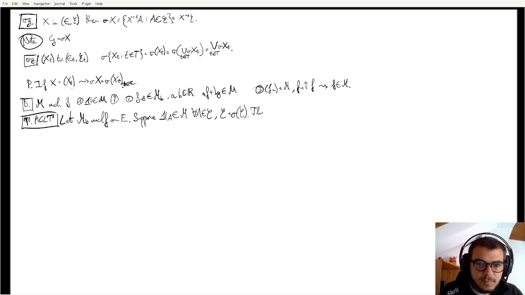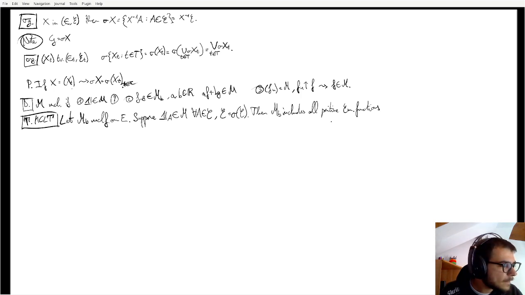Then M includes all positive measurable functions and bounded, all positive and bounded.